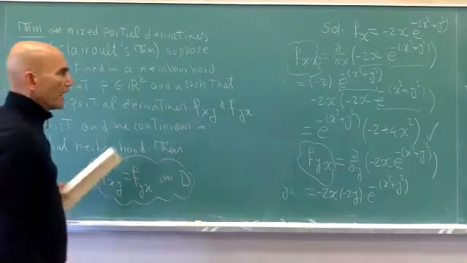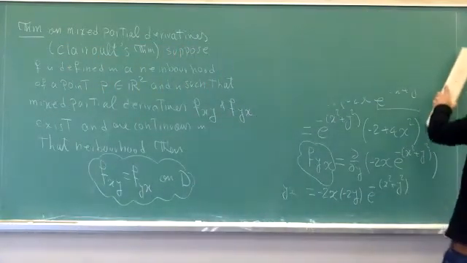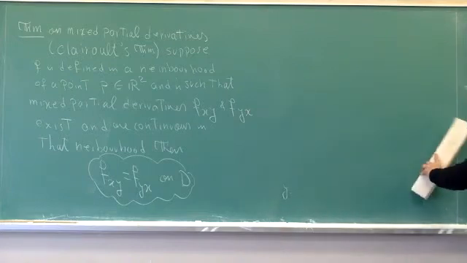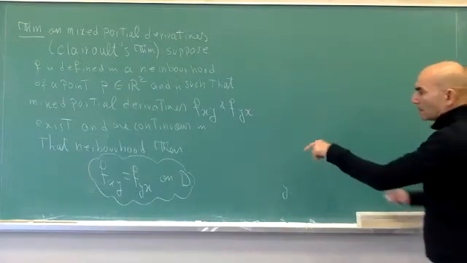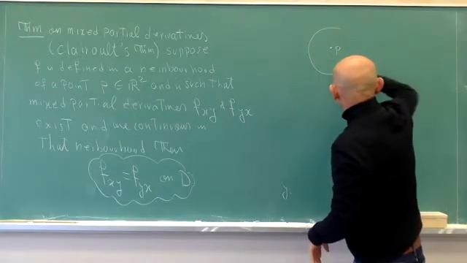The picture that we have of this neighborhood is a small neighborhood, just in the vicinity of this point, because this is about some small neighborhood around P. So this D is an open disk.